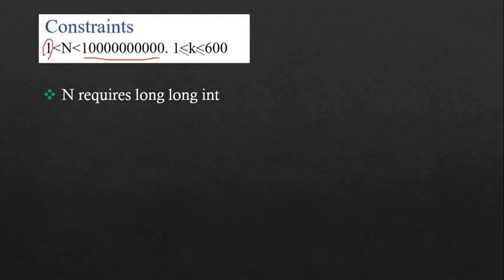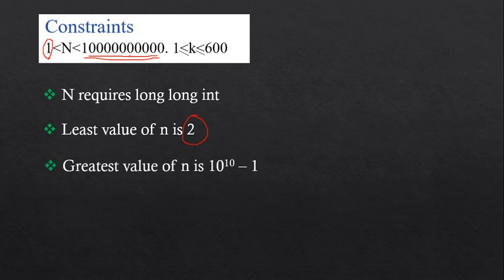What is the minimum value of n? What is the highest value of n? See, the least value of n is 2. Why 2? Because I don't have equal to here. 1 should be less than n, which means 1 is not included. So the least value of n is 2. Similarly, the greatest value of n is 10 power 10 minus 1. N is less than 10 power 10, so 10 power 10 is not included.